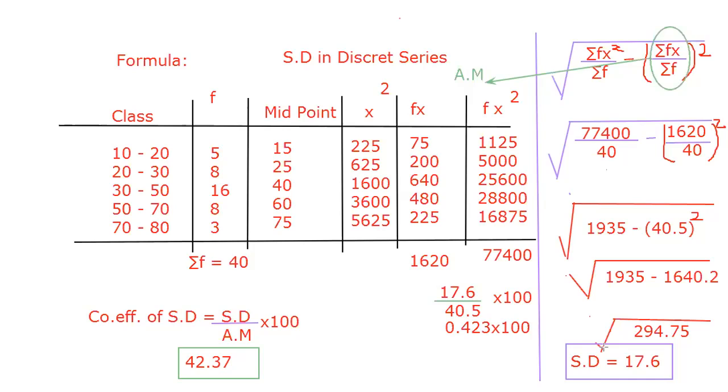Suppose they give you a problem and ask you to find standard deviation and its coefficient. We find the standard deviation using this formula, then the coefficient of standard deviation, that is SD divided by arithmetic mean into 100.